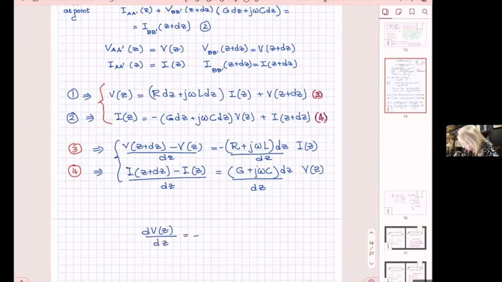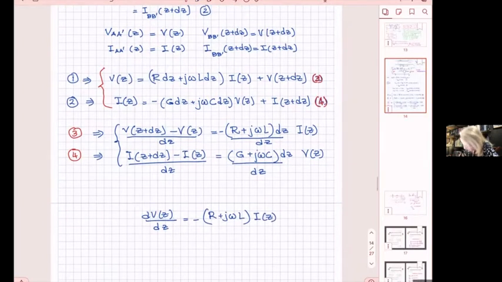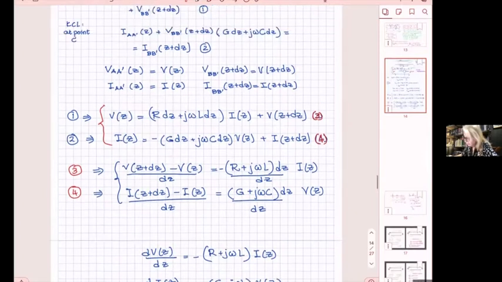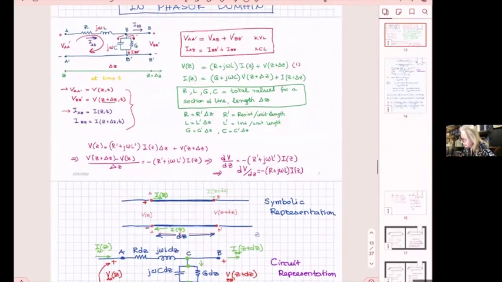equals minus R plus j omega L, I of z, and dI of z over dz equals minus G plus j omega C, V of z. You know, let me see whether I've made a mistake in a sign somewhere.